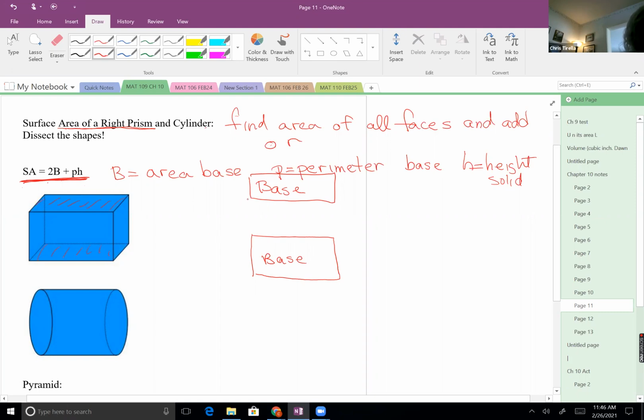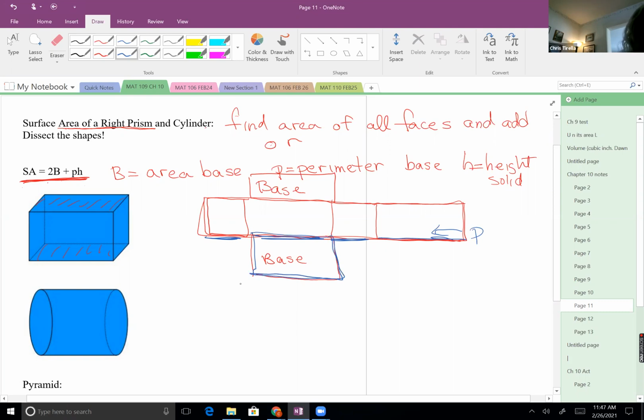And then if I were to take it apart, wouldn't those lateral sides form one great big rectangle? And wouldn't the length of that side of the rectangle be the perimeter of the base? Because when I put that box back together, it goes all the way around.